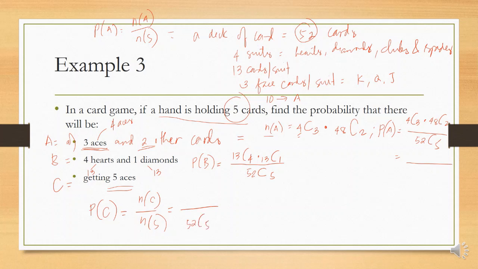We know that very well. But in our event C, since kung titignan natin, 4 na aces lang ang meron tayo sa isang deck, which means there will be no outcome wherein we will have 5 aces. So the answer here would be 0. So meaning, the probability of event C is 0, or what we call an impossible event.